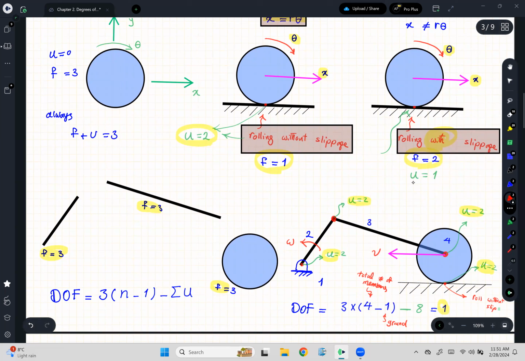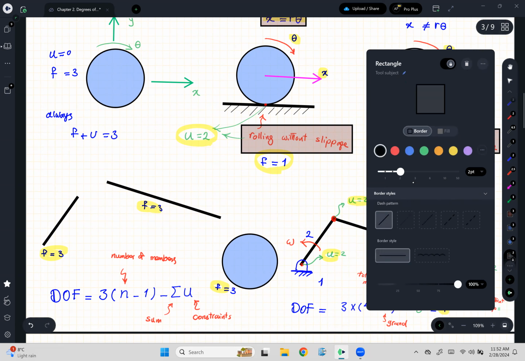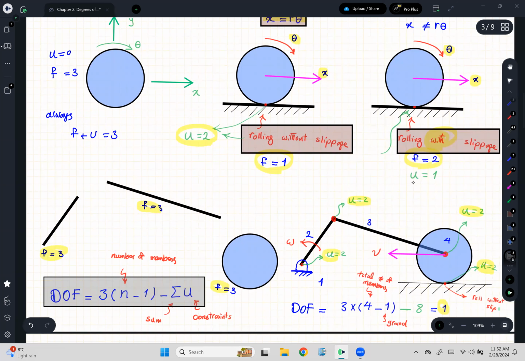So what are all these scary parameters? N is the number of members. U, constraints. And of course, you learn from math, this means sum. Okay, so it looks like a scary formula, but it's not actually a scary formula. And let's put it inside a box so you can remember it.